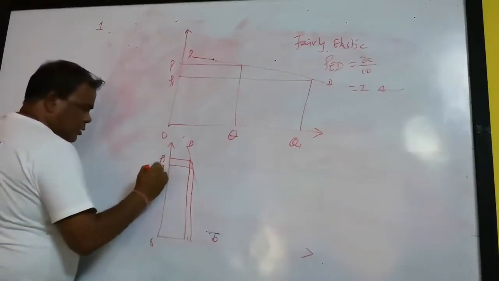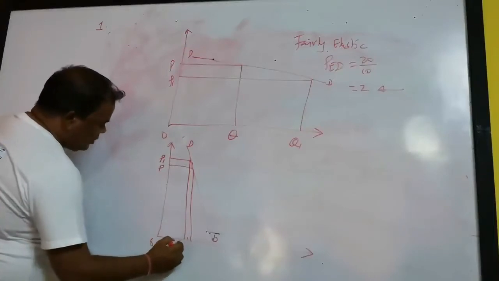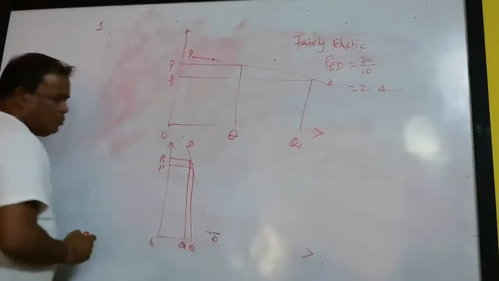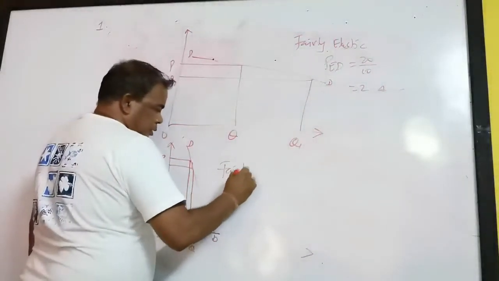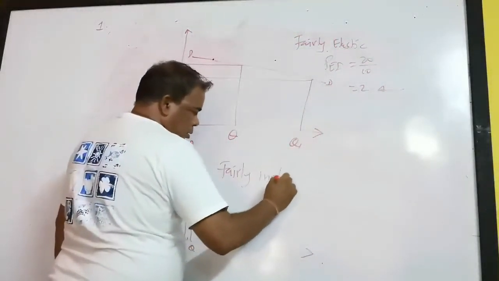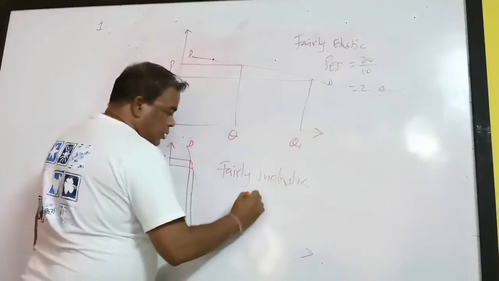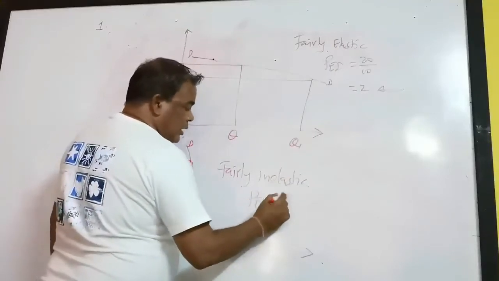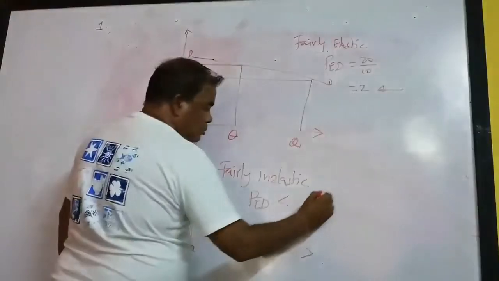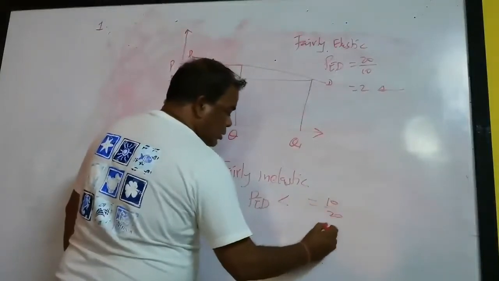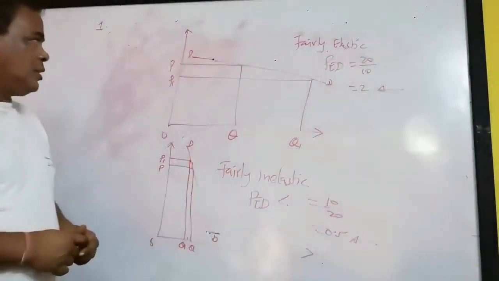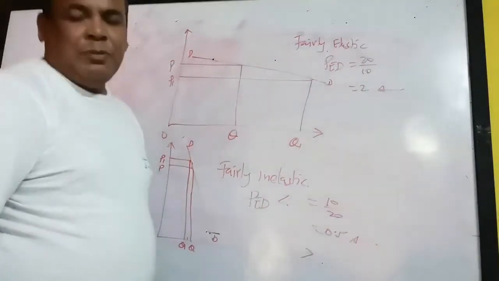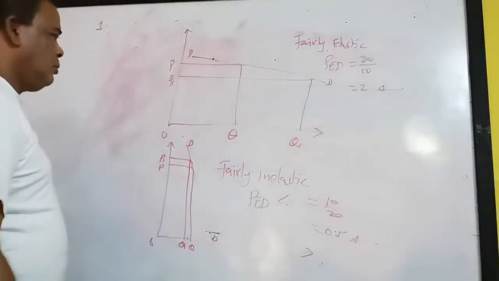Price rises, quantity decreases but by a small percentage. This is fairly inelastic. In this case, PD is less than 1. It can be 10 over 20, 0.5. So here we are concerning elasticity of demand using diagrams.